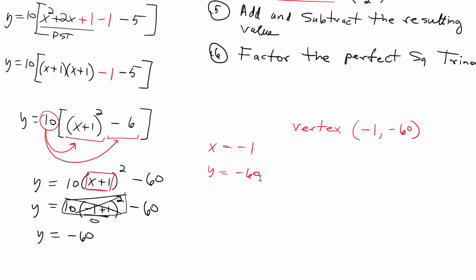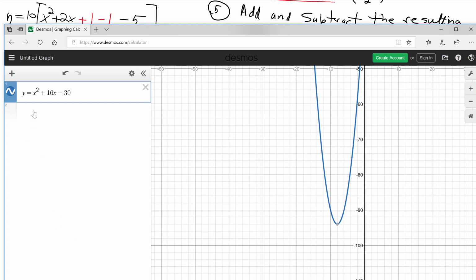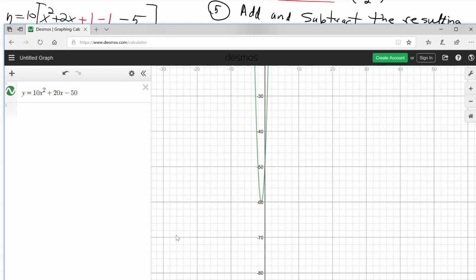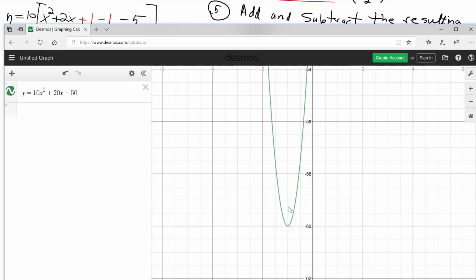Let's pop that into Desmos real quick and see what we get. Y equals 10x squared plus 20x minus 50. All right, let's remove that guy and see what this looks like.